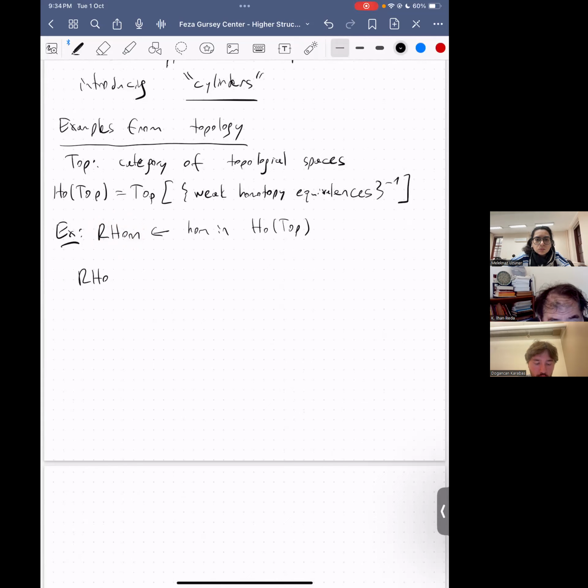And Hom is morphisms in just the original topological spaces, Top. So let's say X is a CW complex and Y is just a topological space.